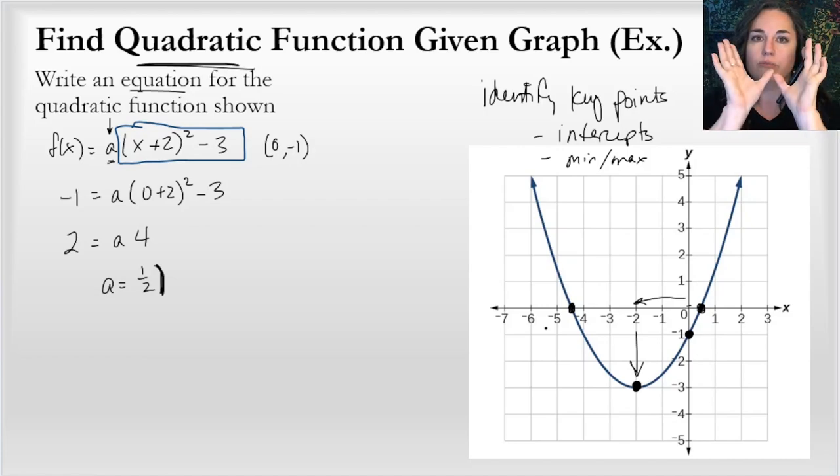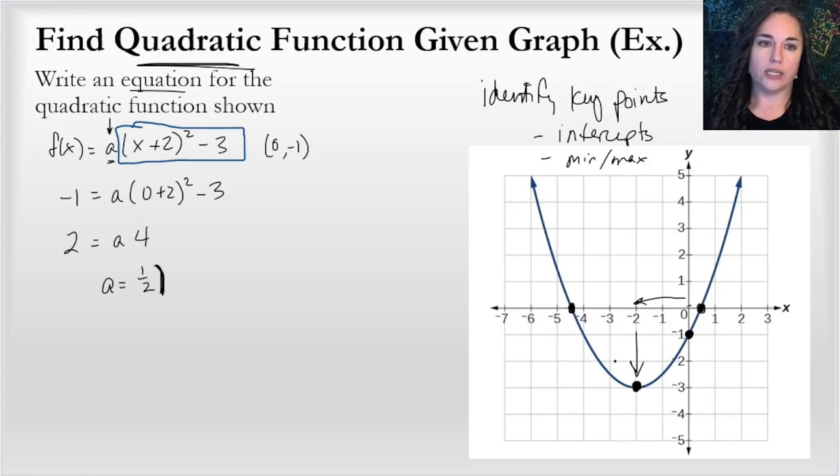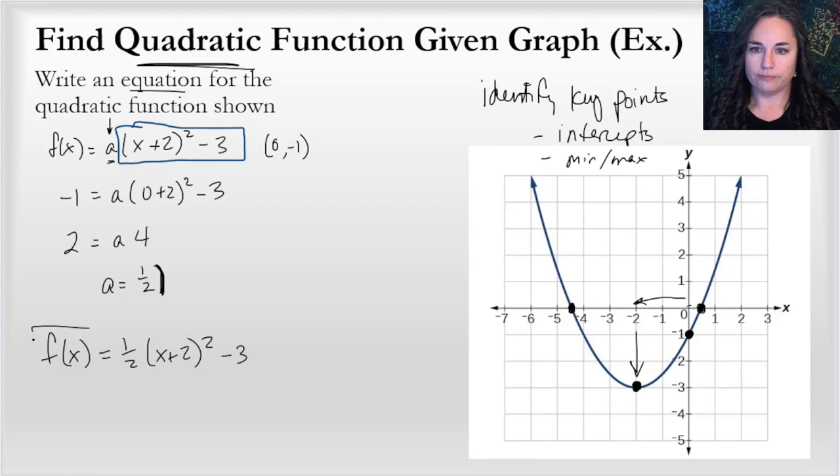I'm going to have some stretching on the parabola that's going to make it not go as fast upward as I normally expect it to. I'm going to multiply the output by a half. So write an equation. I think I'm almost done. Here's an equation: f of x equals 1/2 times (x plus 2) squared minus 3. Done. I think that's one way to write this equation.